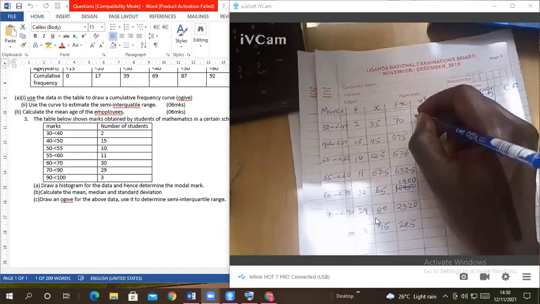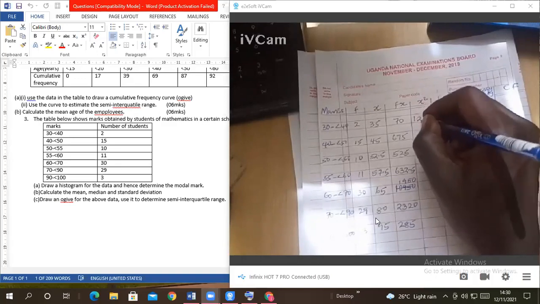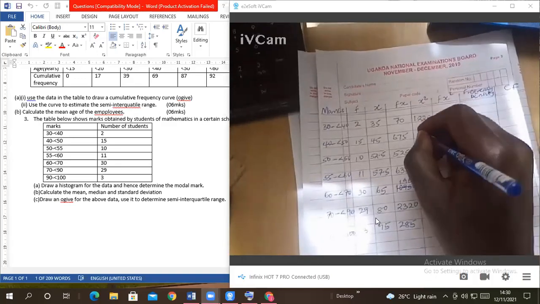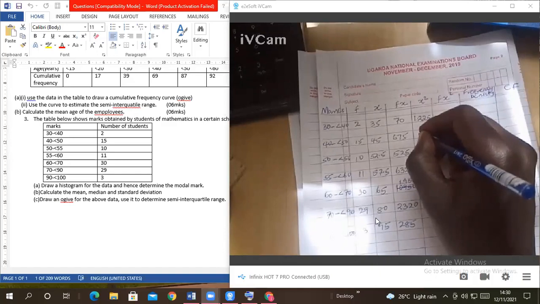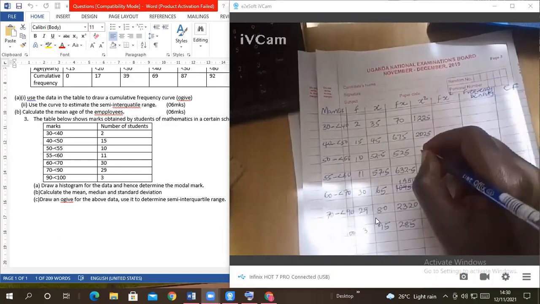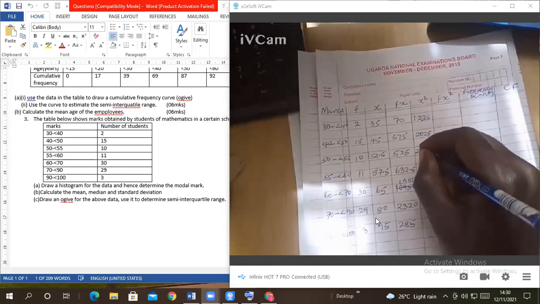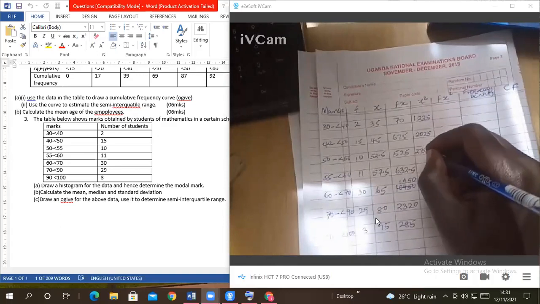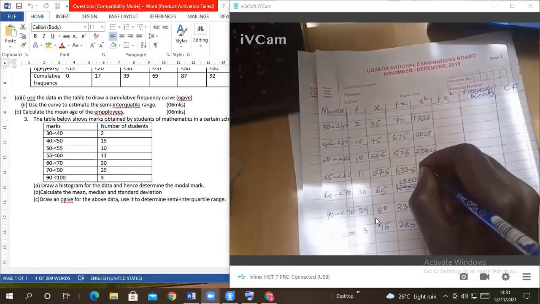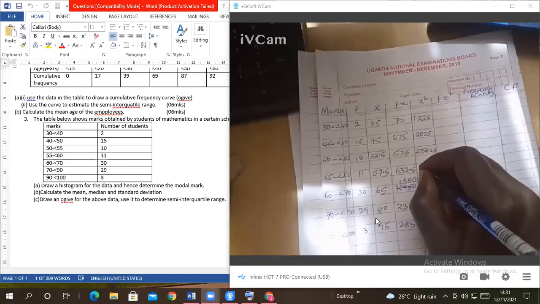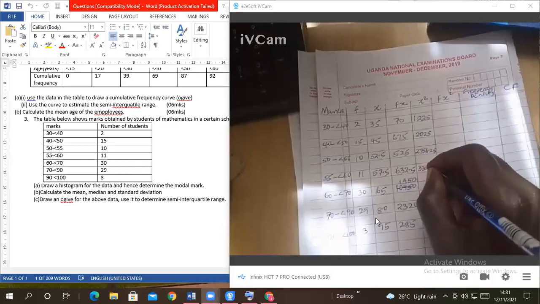1,225. The next value? 2,025. The next value? 2,756.25. Next? 3,306.25.